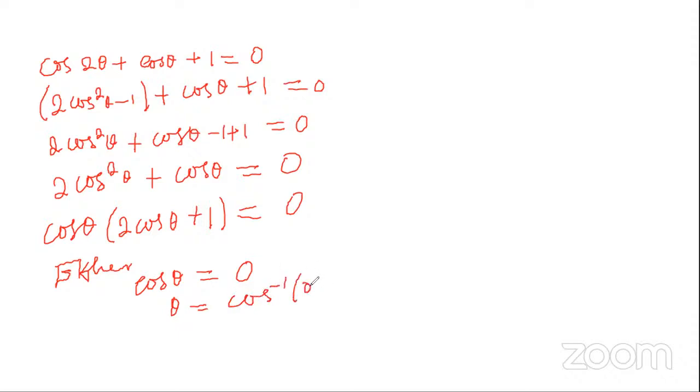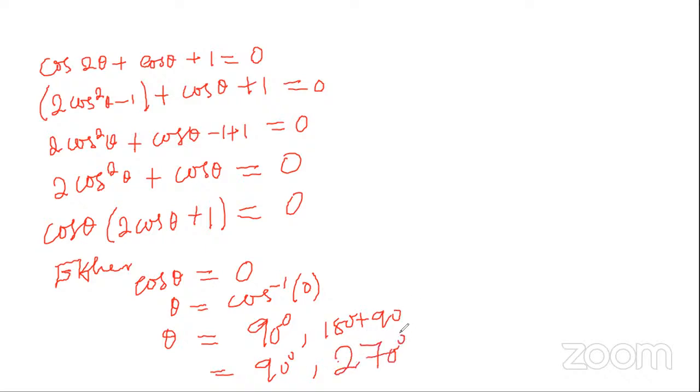It is positive in the first quadrant, so which is 90, and the third is 180 plus 90, which is 270 degrees.